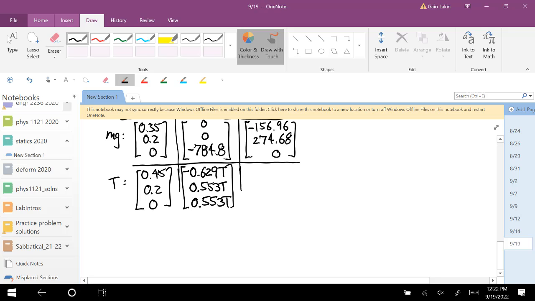And can someone take that cross product for me? Everything has a T, so you can just do the numbers and we'll just multiply T's to everything.